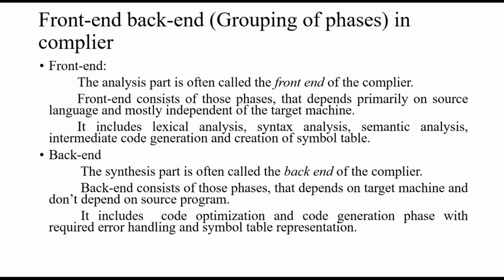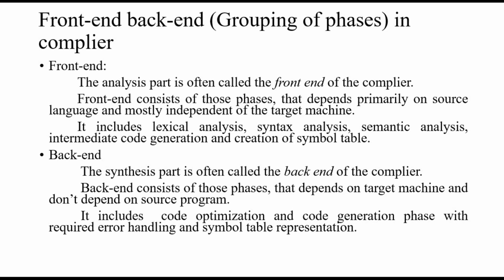We already discussed the analysis and synthesis phases. The analysis part is also known as the front end of the compiler. The front end consists of those phases that depend primarily on the source language and are mostly independent of the target machine. It includes lexical analysis, syntax analysis, semantic analysis, intermediate code generation, and creation of the symbol table.